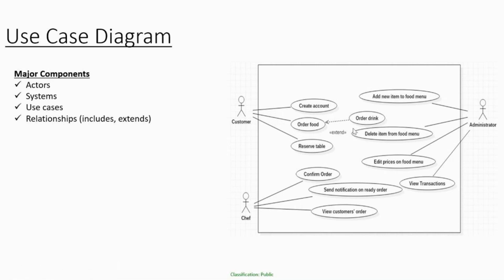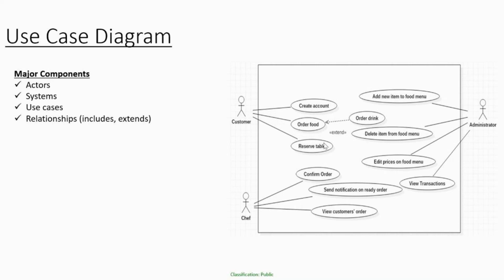Similarly, what could be an include? Let me see if we can. For example, if the customer wants to reserve a table, let's say reserving a table requires the customer to also select the table number. Let's assume this is a mandatory requirement.